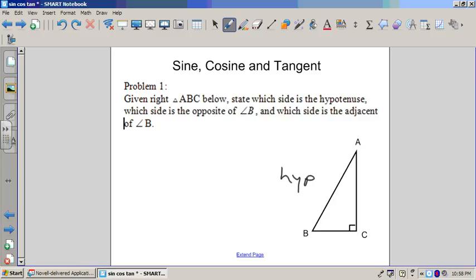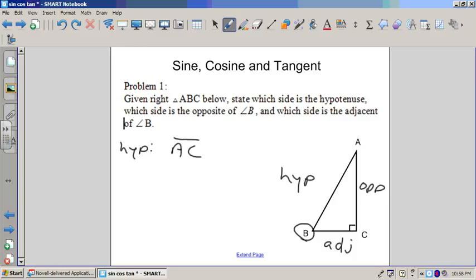Remember we're talking about angle B, the side opposite is going to be the opposite, and the other side is going to be the adjacent.